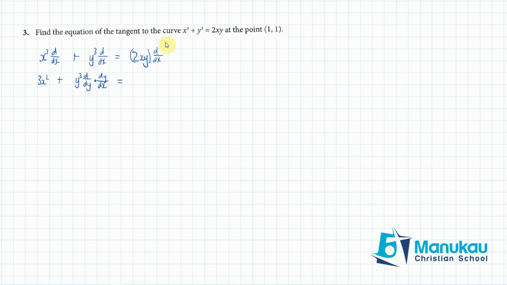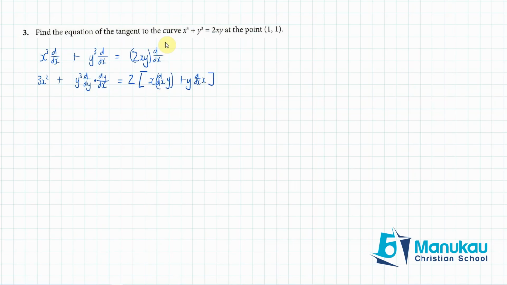And then over here, we're going to use product rule. So I'm going to go like this, put a bracket in here. We're going to have u, and then we're going to differentiate with respect to x, y, plus v, which is y, and then we're going to differentiate with respect to x for x.